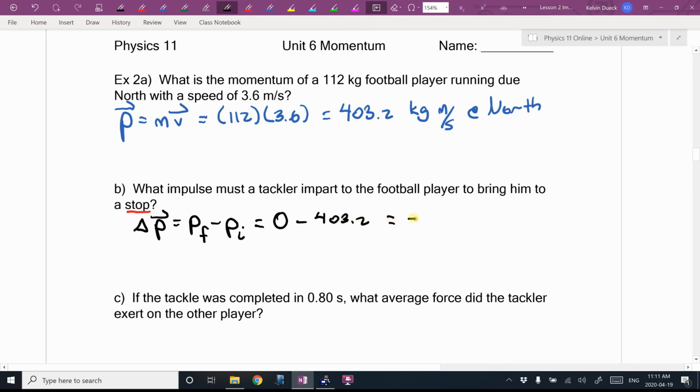I get an answer of negative 403.2 kilogram meters per second. Well, I called north positive, so what direction would this be? I guess this would be 403.2 kilogram meters per second south.